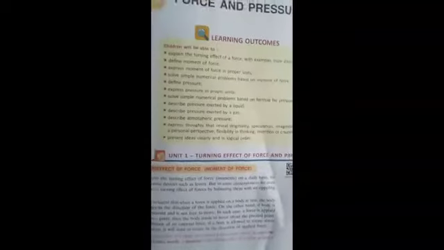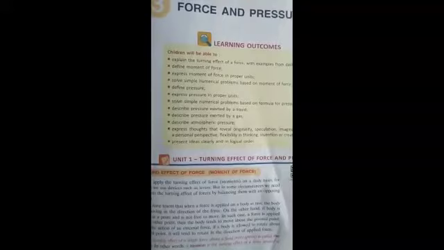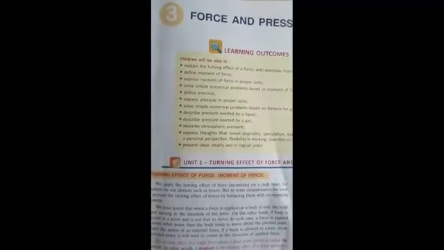When you apply force on an object, it moves in the direction of the force applied, right? Suppose we are applying force to this pencil in the forward direction, then it will move in the forward direction.